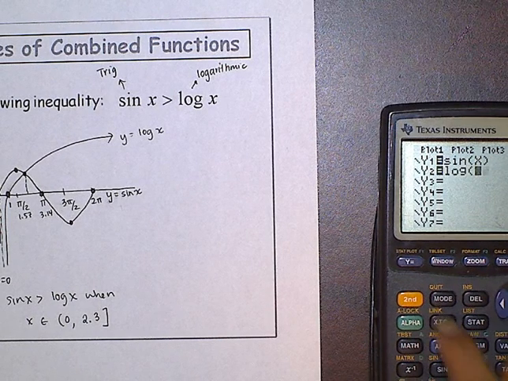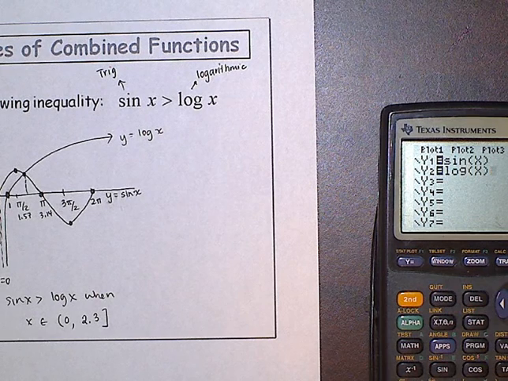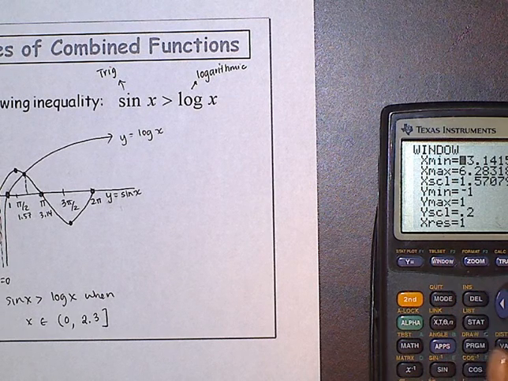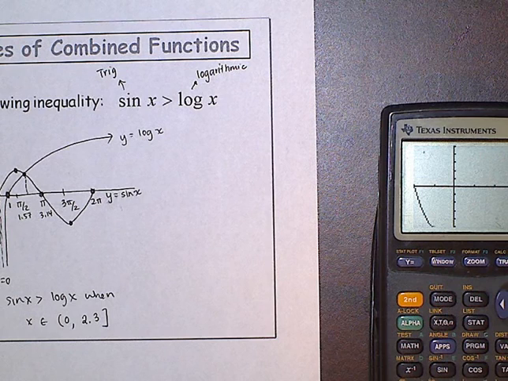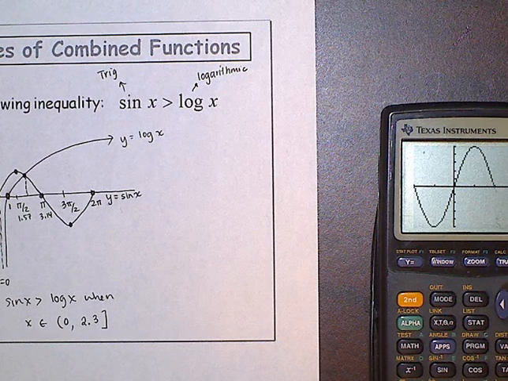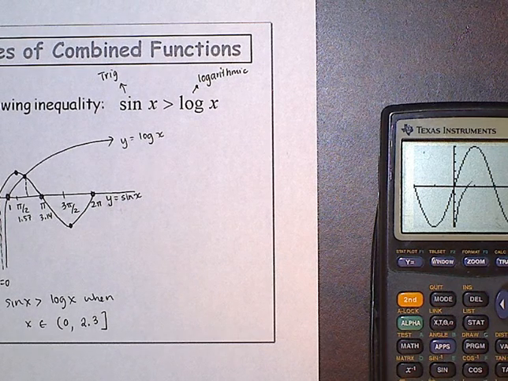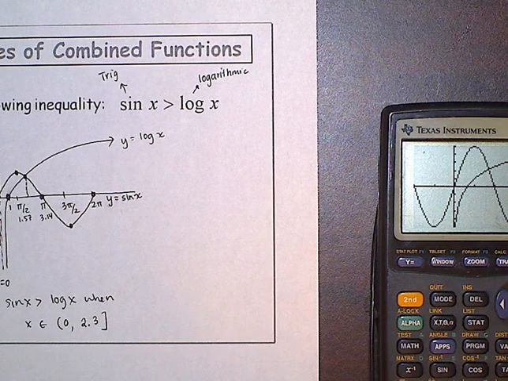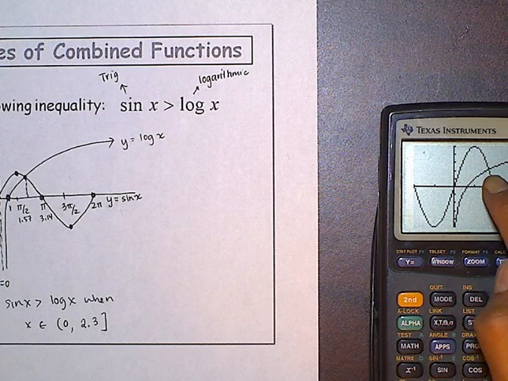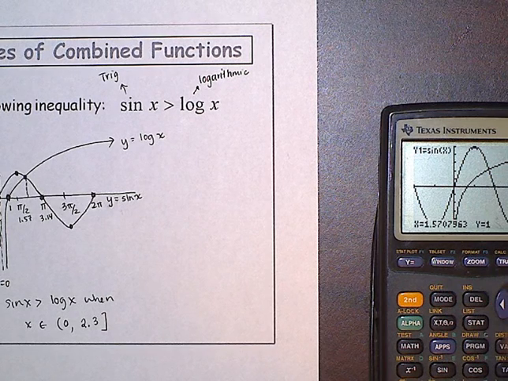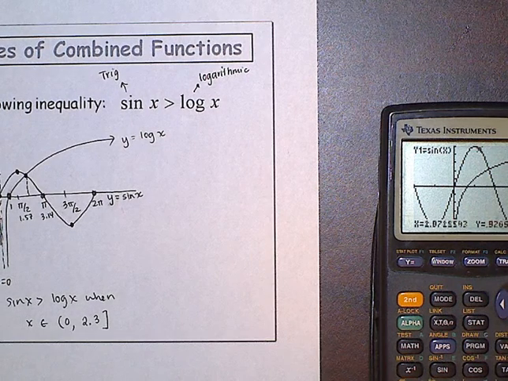I'm just going to trace to figure out that point of intersection right there. I'm going to press trace, and you can see the values at the bottom of what point I'm tracing. I'm just going to scroll down to that point right there. It's approximately 2.67.